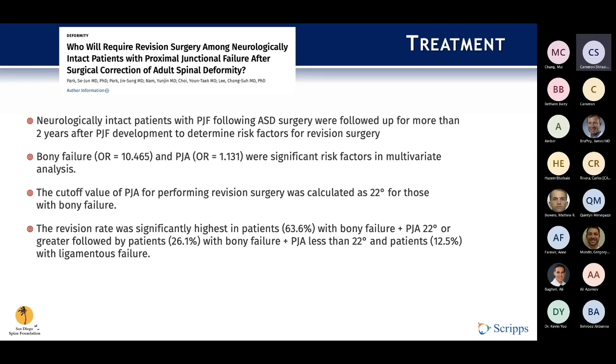And so when you stratify these groups, the highest percentage fell in the bony failure plus PJA of 22 degrees or greater, and then the bony failure plus PJA less than 22 degrees, and then if it was strictly ligamentous failure, not bony failure, it was about 12.5%.